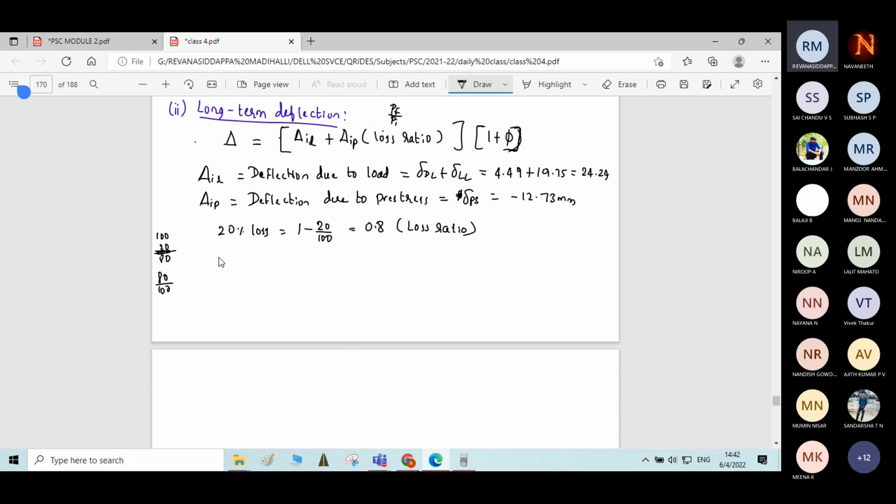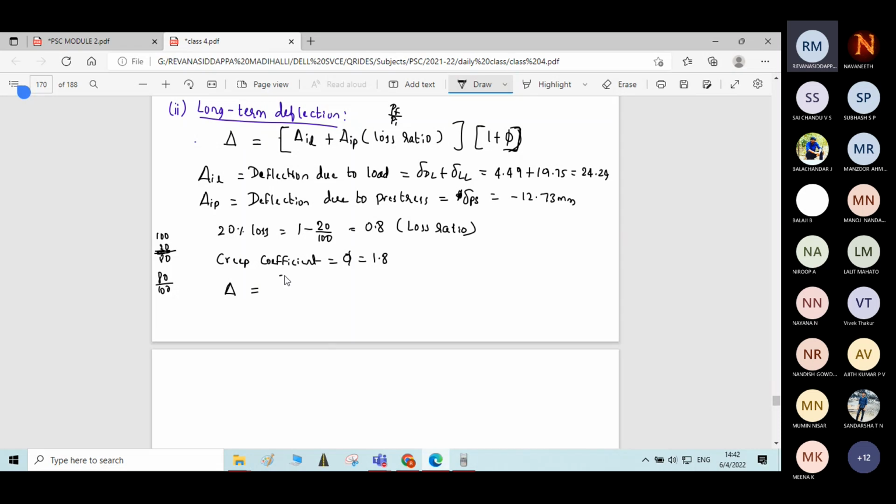And creep coefficient phi is given as 1.8. We can calculate easily.